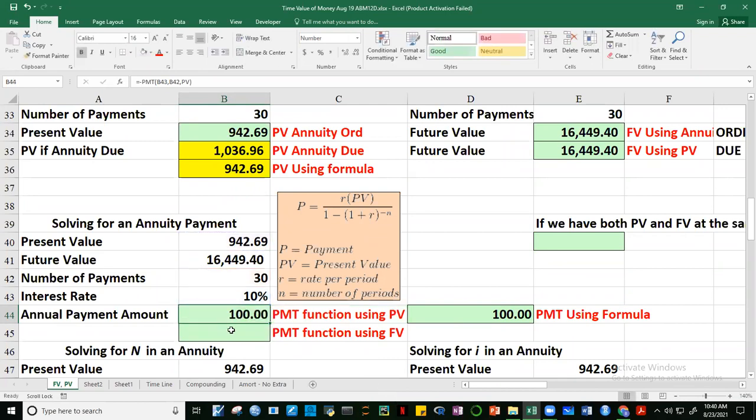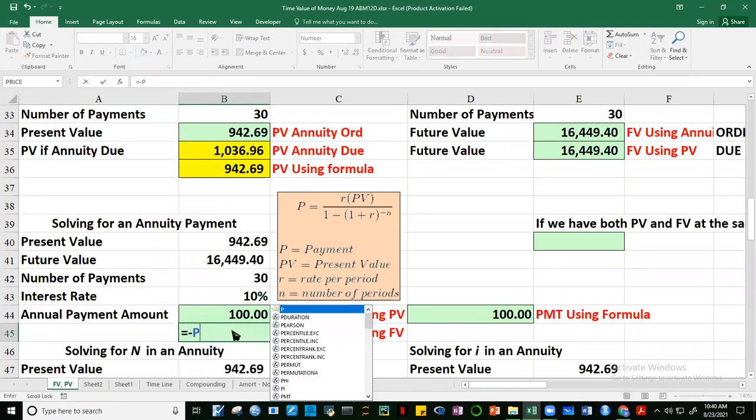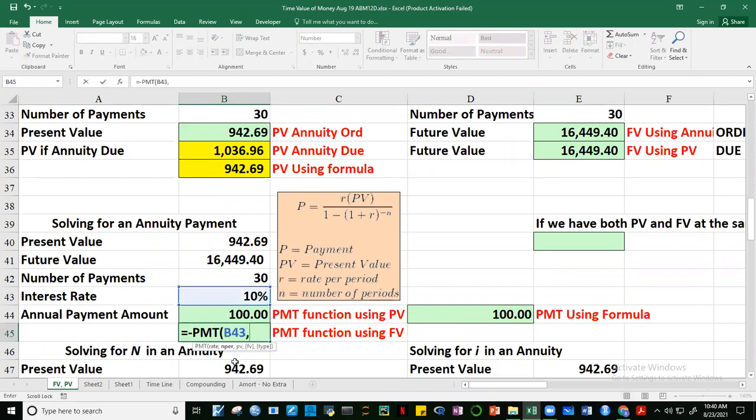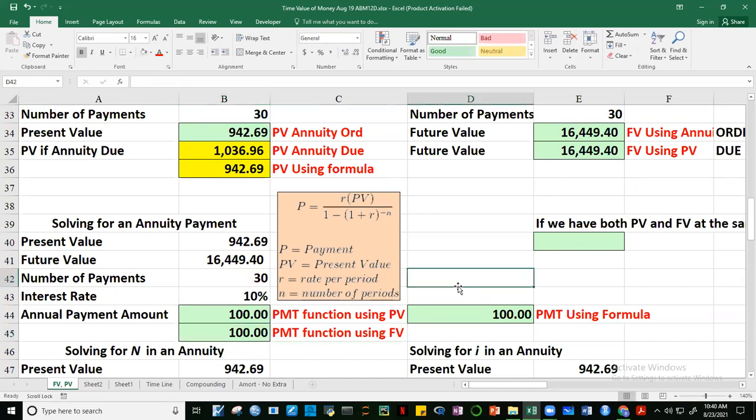Enter. So it's 100. Or if we use the future value, it is equal to negative PMT. Okay, rate is at 10%, comma, NPER at 30, comma. We don't use the PV, we use the FV, 16449. 100. Okay, so whether you use the present value as an equivalent to the PMT or the future value as the equivalent to the PMT, we get the same answer.